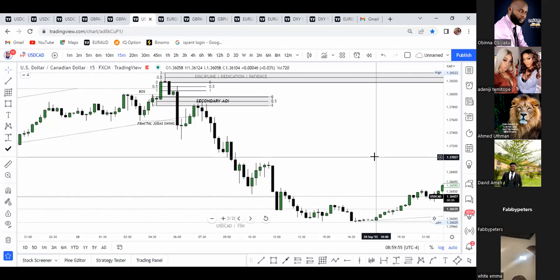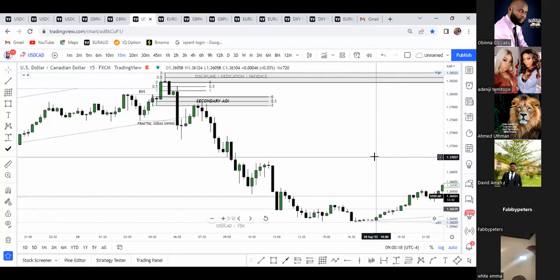So everybody, assignment: BC monthly, BC weekly, BC daily, BC 4 hour, CB monthly, CB weekly, CB daily, CB 4 hour, for CBs and BCs. Fair value gap monthly, fair value gap daily, fair value gap weekly, fair value gap 4 hour.